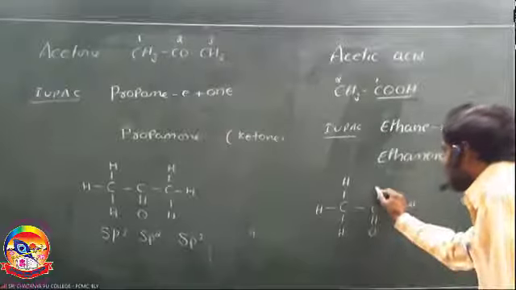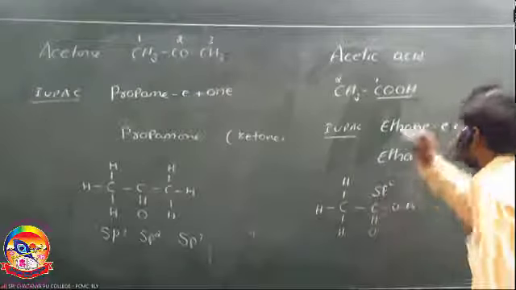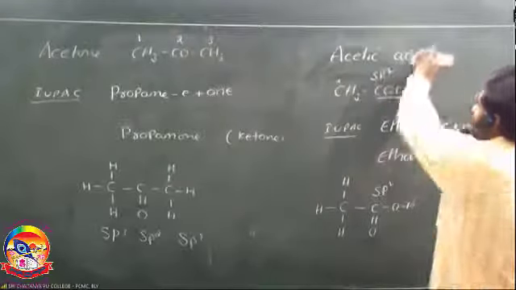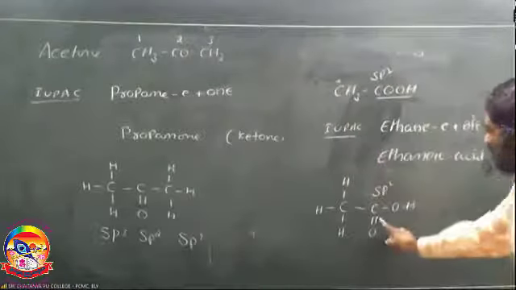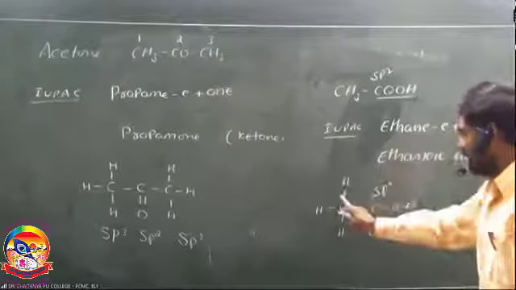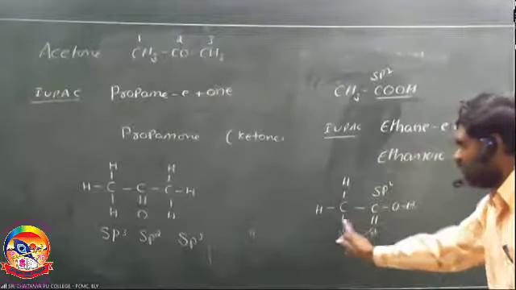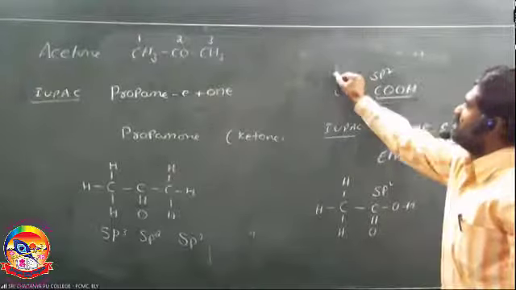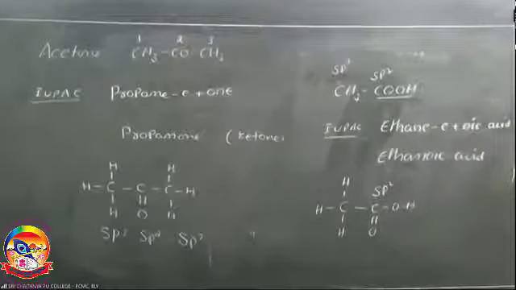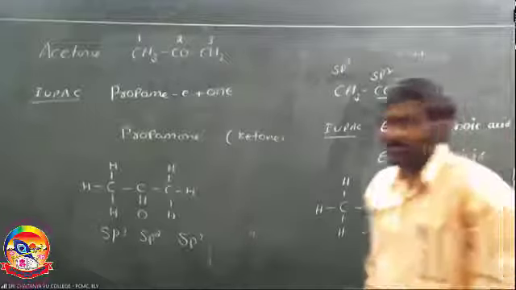Hence, the hybridization of this carbon is sp2, because it is attached with 1 pi bond with oxygen. Next, the second carbon. Here, tetravalency of carbon is satisfied by only single bonds. So, the hybridization of this carbon is sp3.